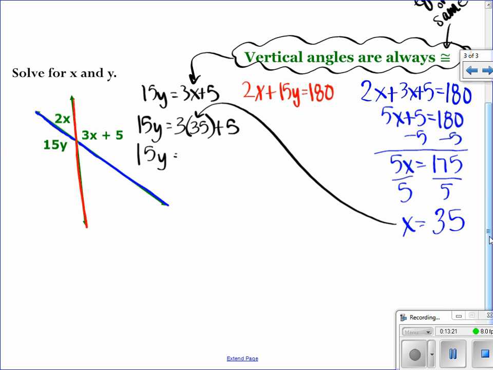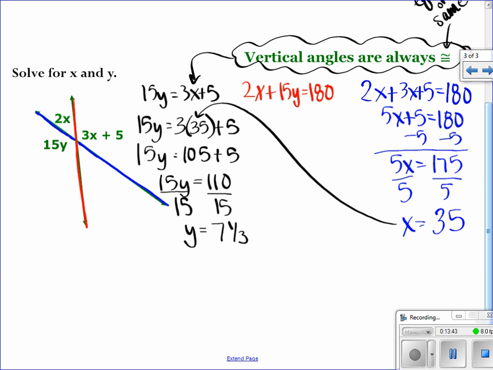Add them together. So now we have our 2 answers that they asked us to find.